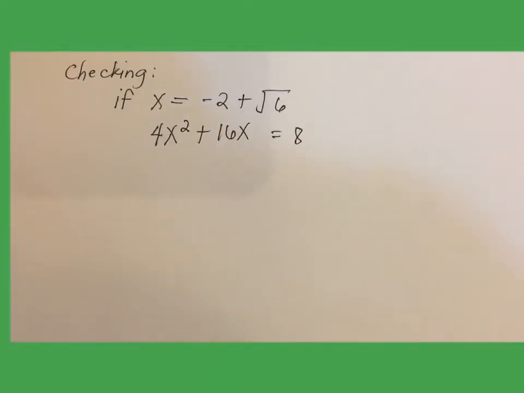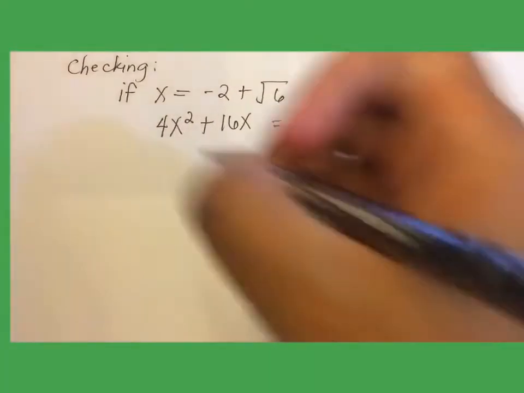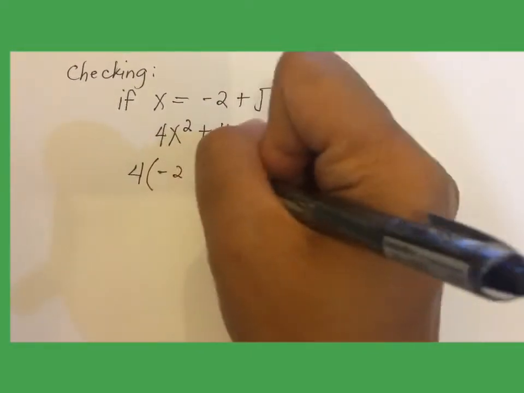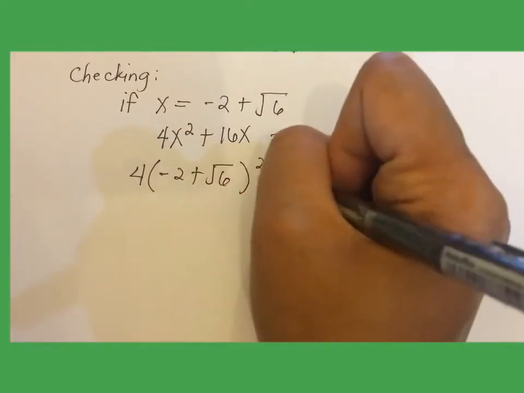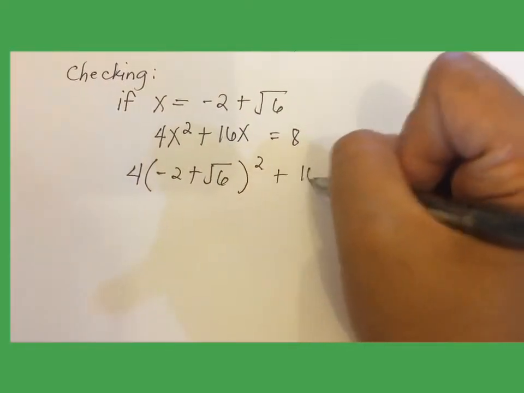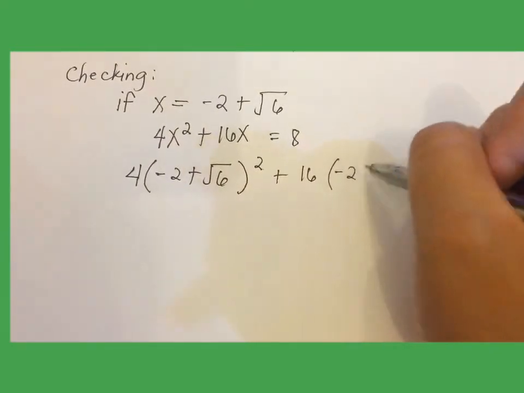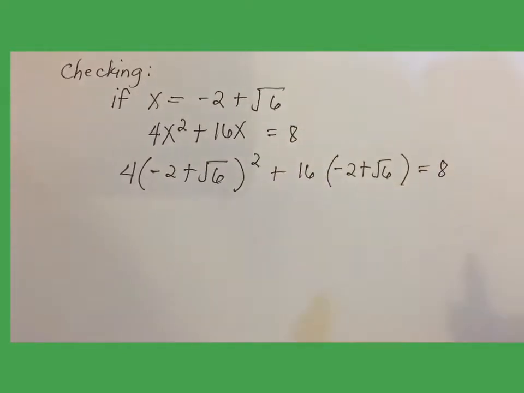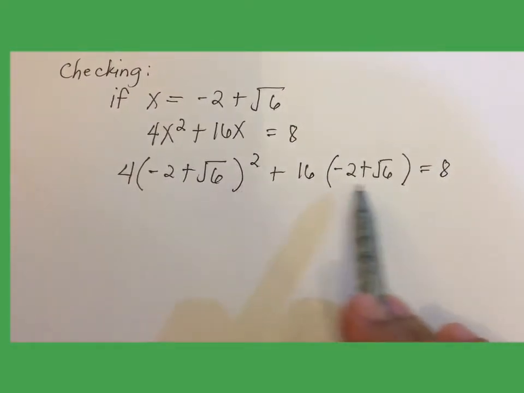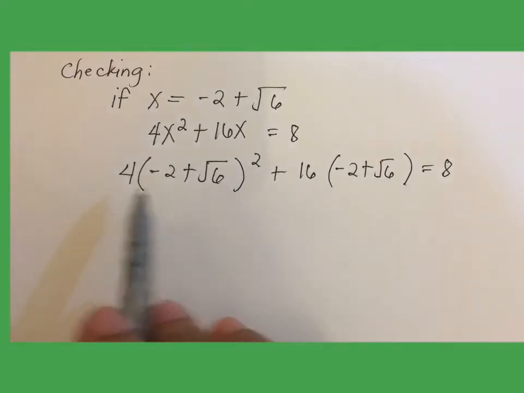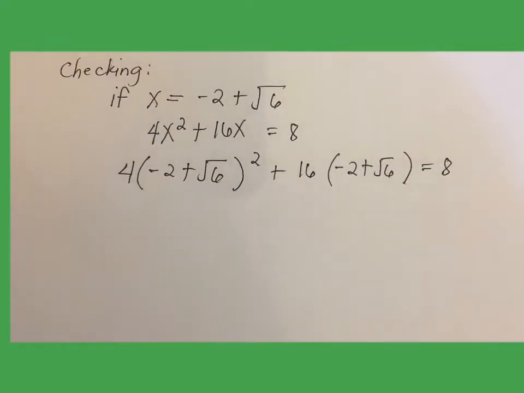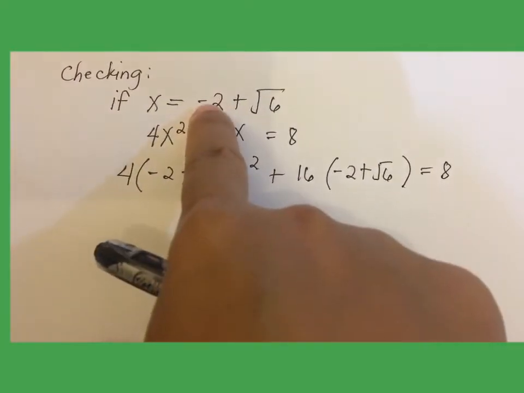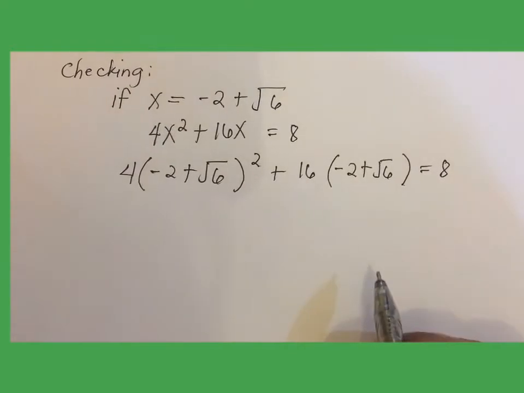We're ready to check it. So this is 4 times negative 2 plus square root of 6 squared plus 16 times negative 2 plus square root of 6 equals 8. Now, as you can see, all this in this side should be equal to 8. Otherwise, we cannot say that this value here is a solution to the given equation.